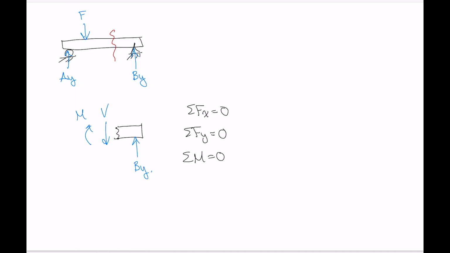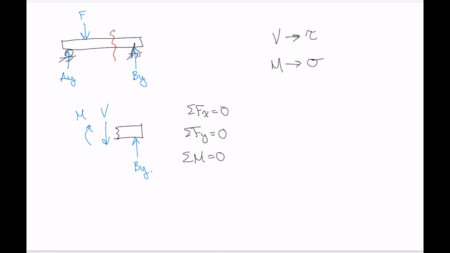So for beams, the primary internal forces are our internal shear force V and our internal moment M. Now, as we know, an internal shear force gives rise to a shear stress. And as we will see in a couple of lectures, an internal moment gives rise to a normal stress.